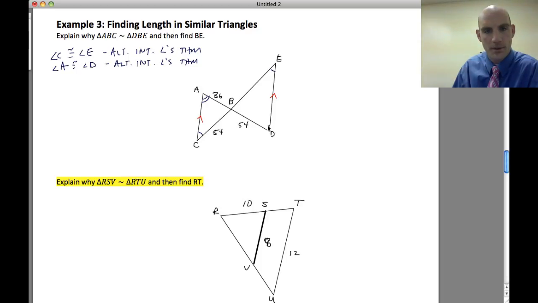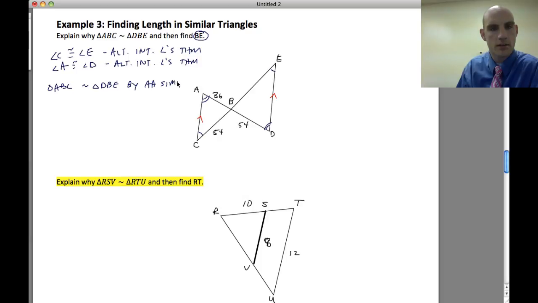Well, I'm thinking to myself, what's my game here? I want to find BE. Well, are they similar? Yes. Triangle ABC is similar to triangle DBE by the angle similarity theorem.